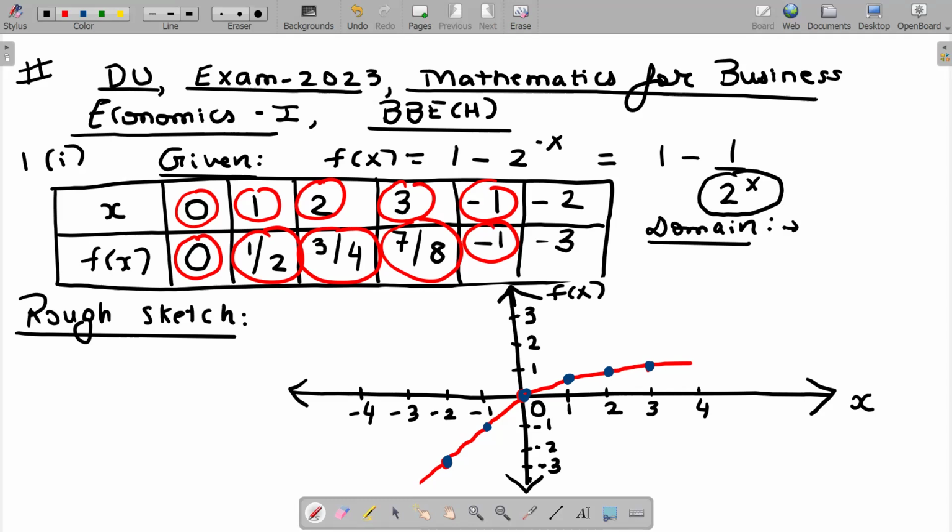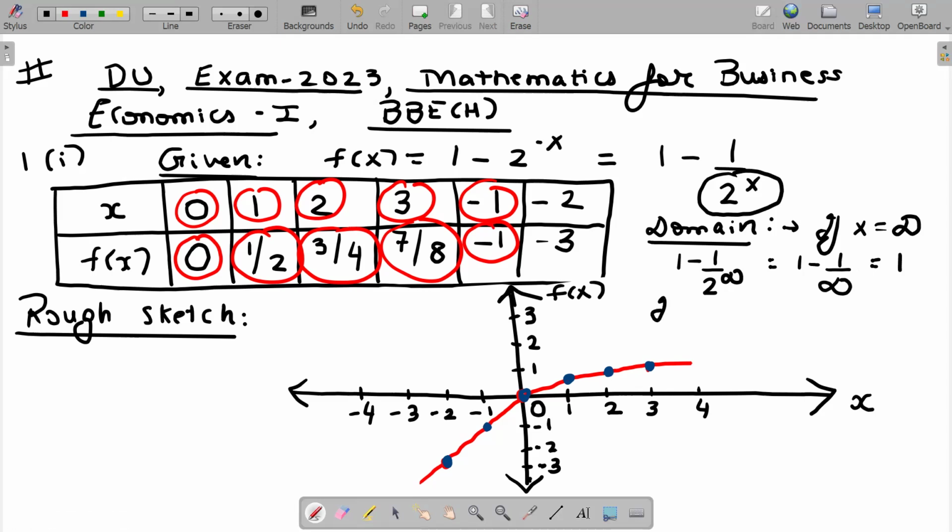Let's say if x is infinity, then this will be 1 minus 1 over 2 to the power infinity, which will be 1 minus 1 over infinity, which is 1. This is fine.